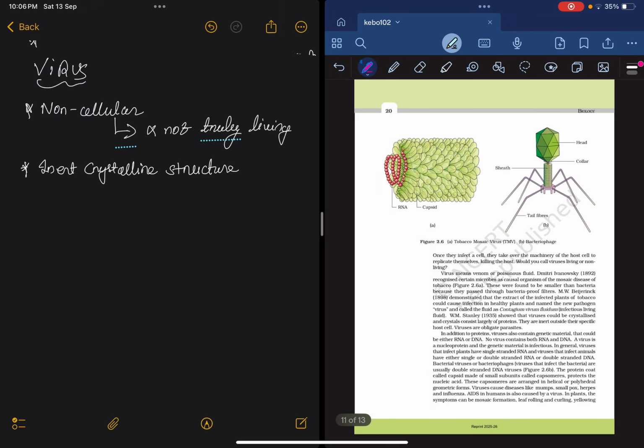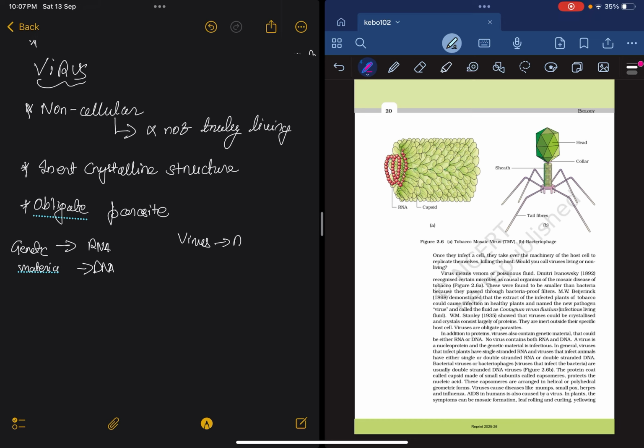Viruses are generally obligate parasites. They contain genetic material which could be either RNA or DNA. A virus is generally a nucleoprotein, and most importantly it is infectious. That is why we get diseases such as the common cold.